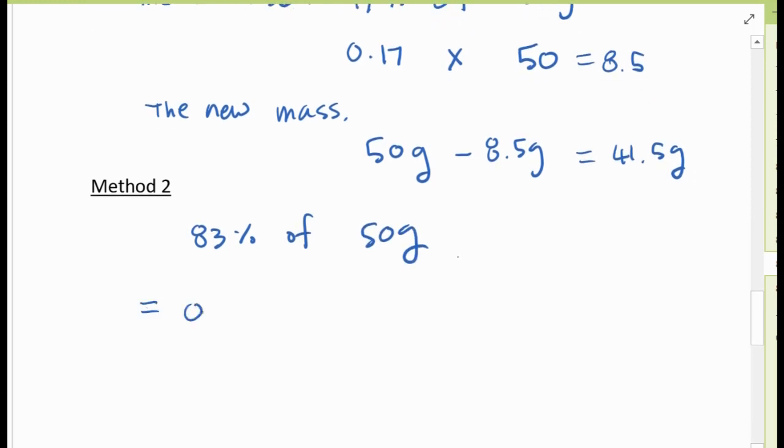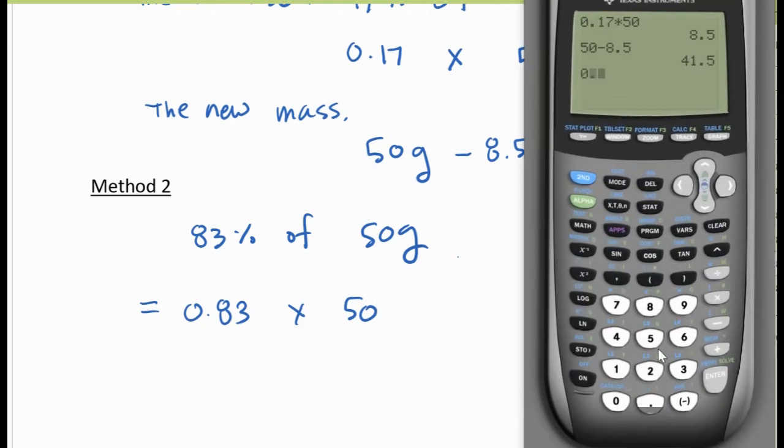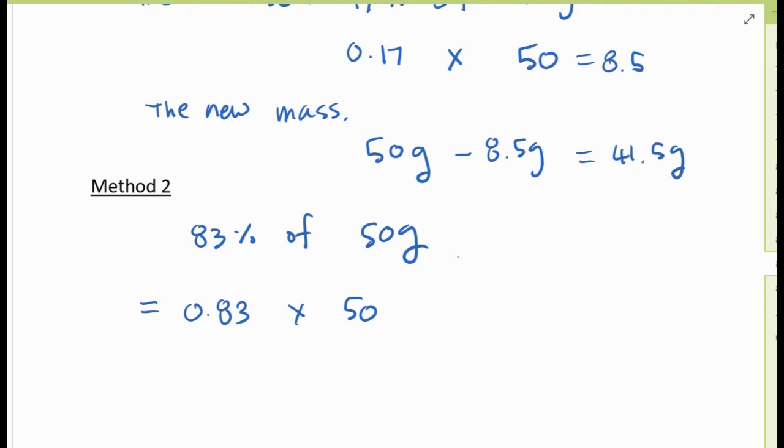Then let's change this to a mathematical sentence. 0.83 times 50. So let's calculate it. That is 41.5. 41.5 grams. So either way, you get the same answer.